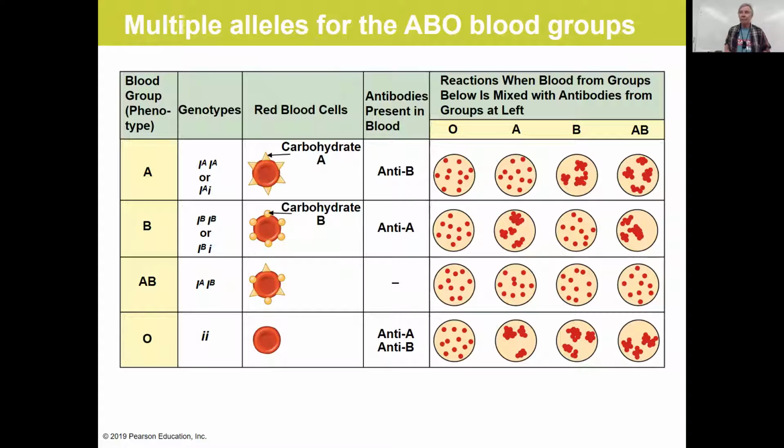So that's why women who go into the hospital to give birth and have a negative blood type are given this injection called RhoGAM, which is pre-made anti-Rh antibodies, to destroy any Rh positive blood that gets mixed with hers before it goes to her lymph nodes and she makes anti-Rh antibodies.